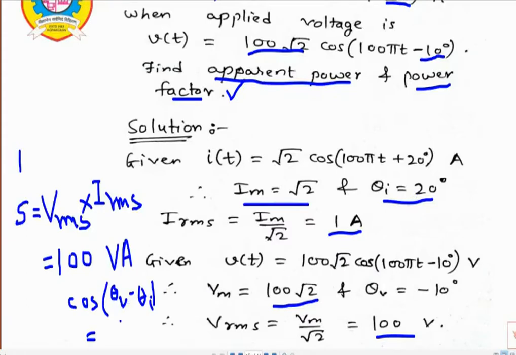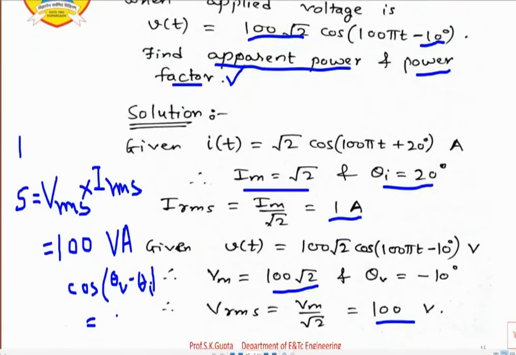So it becomes cos of minus 30, and cos minus theta is cos theta. So cos 30, and cos 30 value is 0.866. One important point is that inside cos, the angles are in degree.